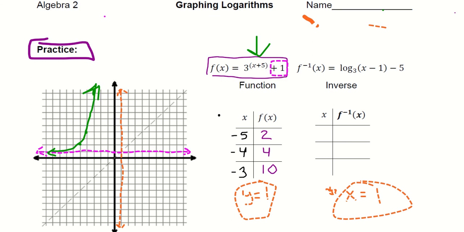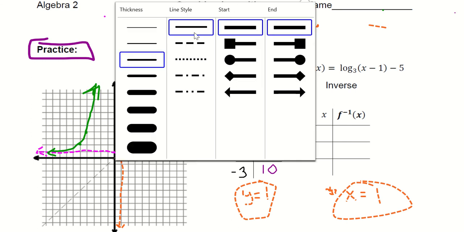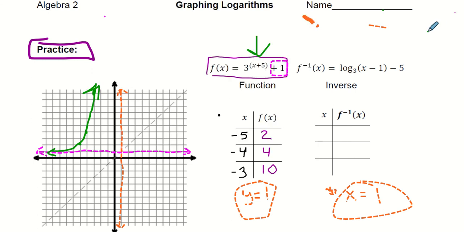All right, and we'll graph this also in green because I think that'll help. To get the points, we just flip these. So instead of -5, 2, it's 2, -5. Instead of -4, 4, it's 4, -4. Switching the points is what allows it to flip over like that. And then it's 10, -3.